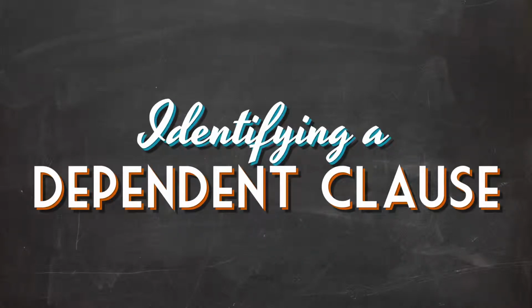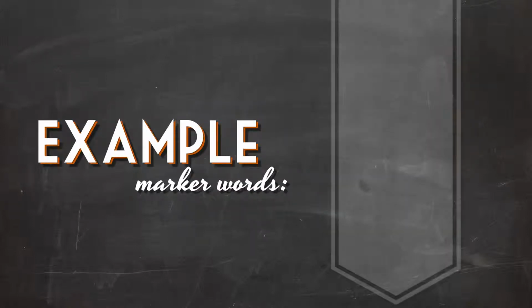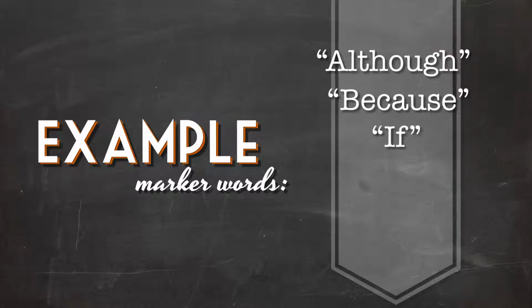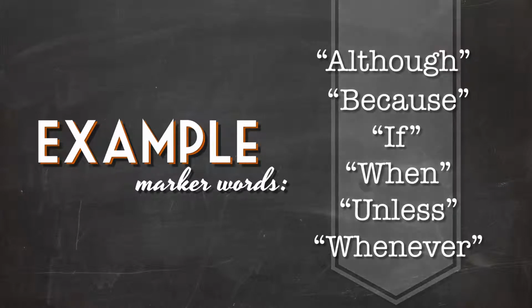You can often identify a dependent clause by what is known as a dependent marker word. This is the word that introduces the dependent clause. Examples of dependent marker words include although, because, if, when, unless, and whenever. These words help signal that the clause does not express a complete thought.